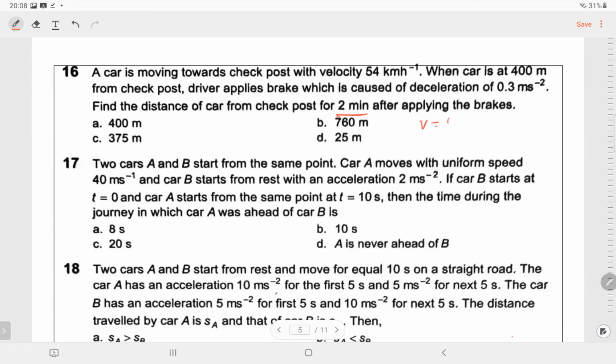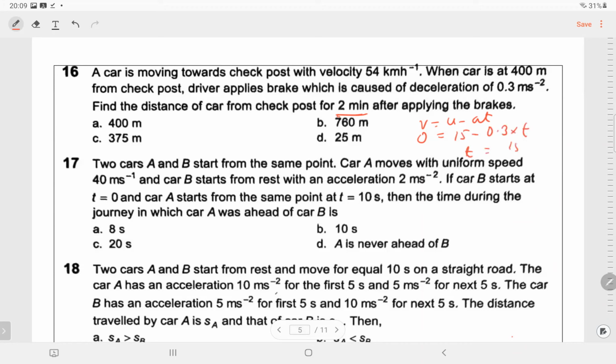V is equal to U minus at. V will be 0. U is how much? U is 15 meter per second, and a is 0.3, into time t.